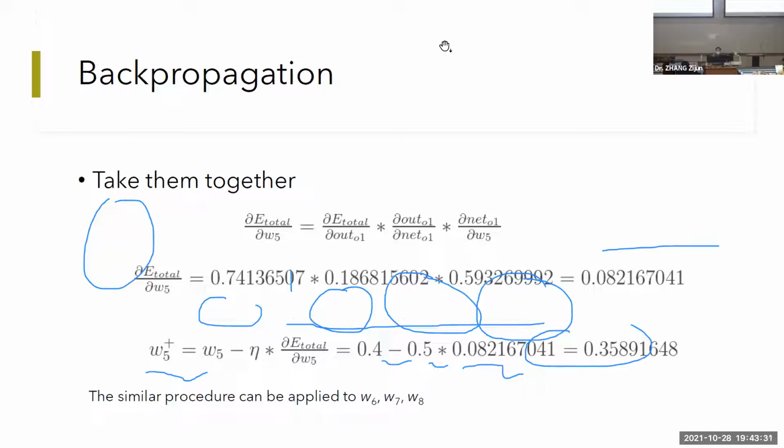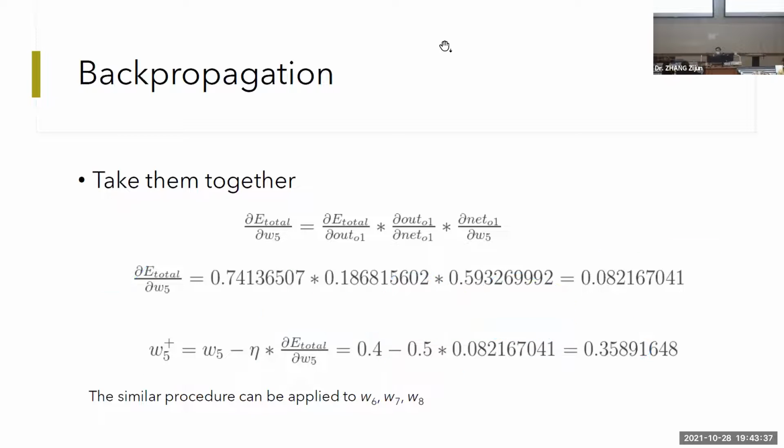Then we take them together. So we have this term calculated, the second term calculated, the last term calculated. We just plug in the numbers and multiply them together.